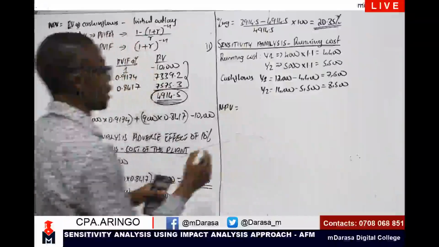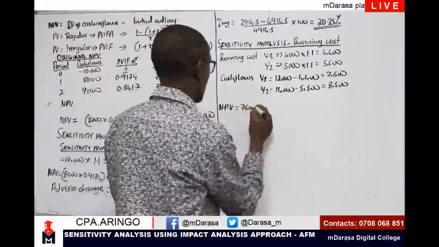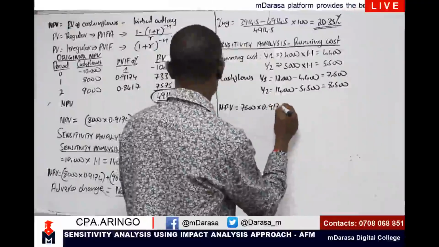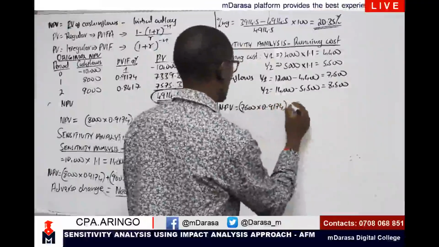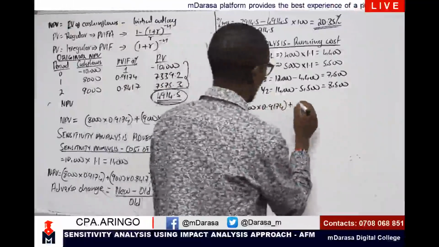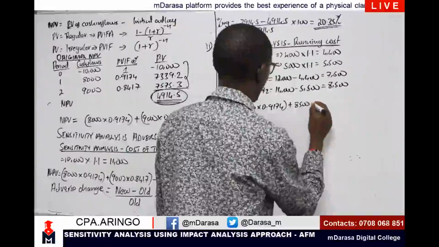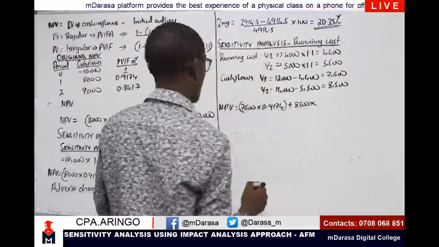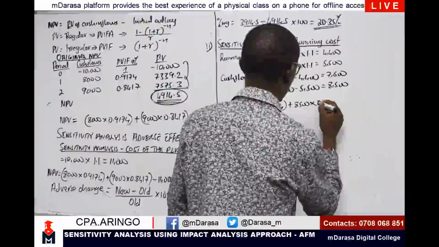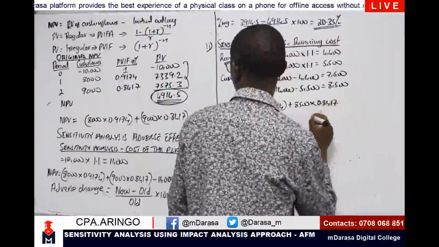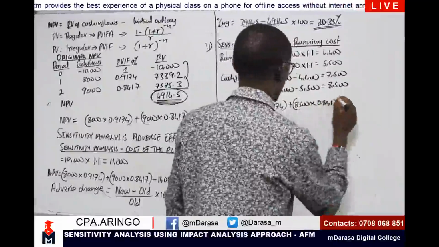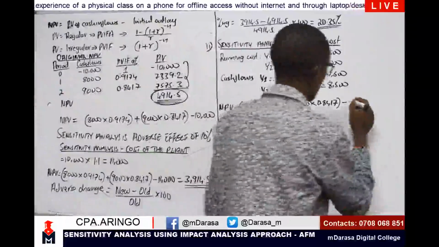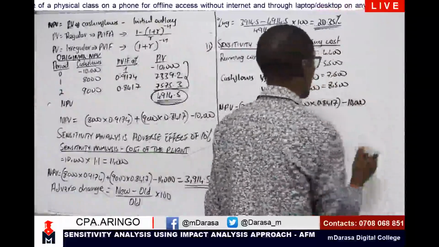So NPV, I should be having 7,600 times 0.9174. We add 8,500 times our factor, which was 0.8417. So we less our cost, which was our original cost of 10,000. All factors remaining constant, right?